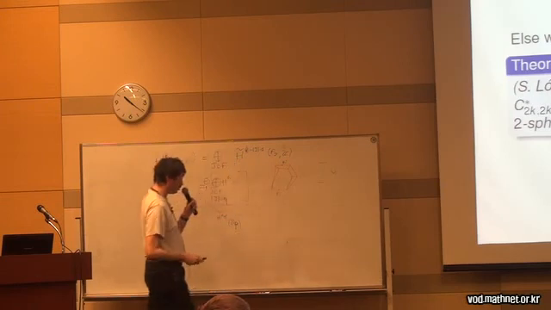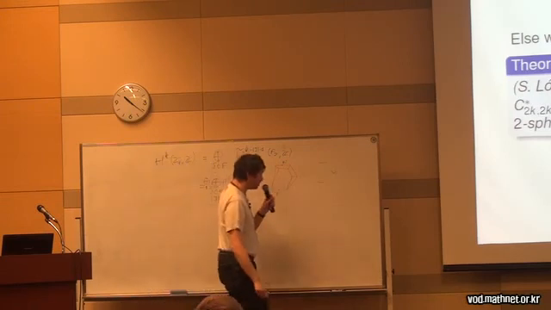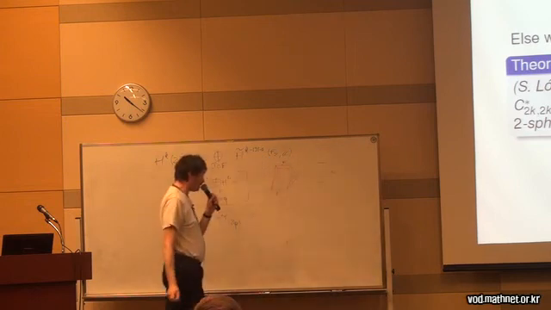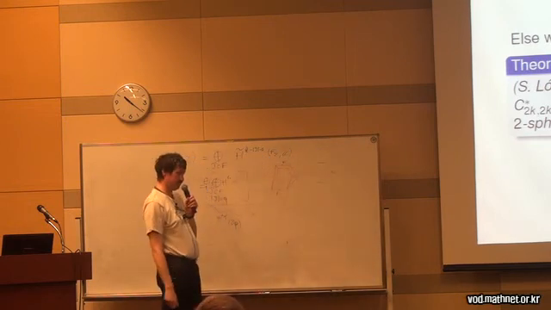So the reduced homology in dimension 0 has dimension 1.